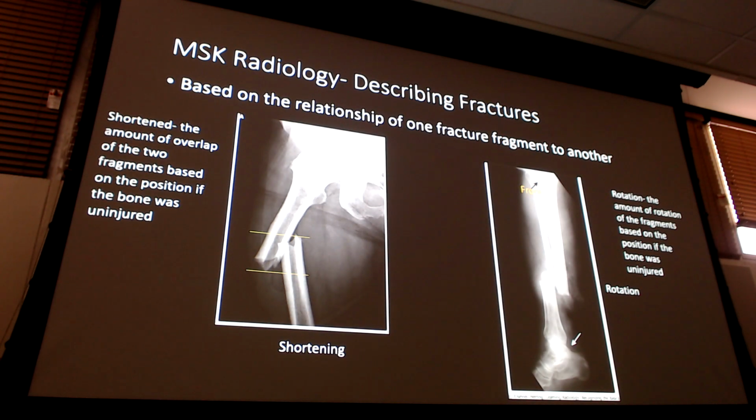Here's where that shortening is, another picture of the shortening, when the bones overlap where the fracture is, kind of like the clavicle we just looked at. So here I would say again, shortened and medially displaced. How do I know this is rotated?